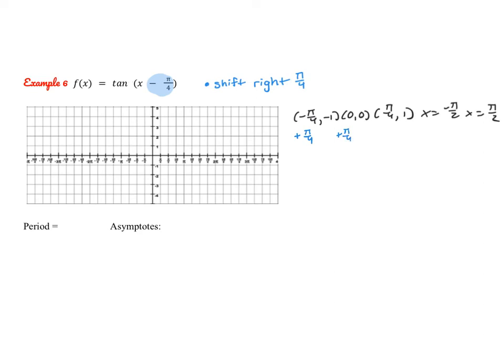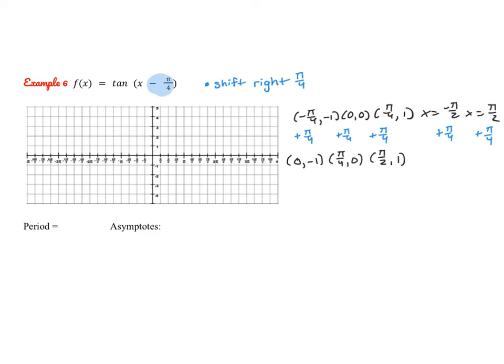plus pi over 4. And since it's affecting x, we can also apply the same transformation in the same way to our vertical asymptotes. Those are going to shift over as well. So this gives us 0, -1, pi over 4, 0, and then pi over 2, 1.